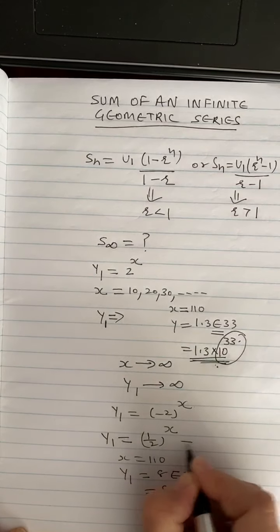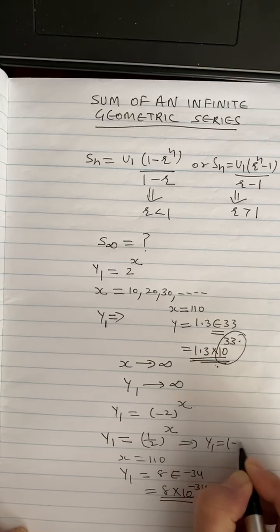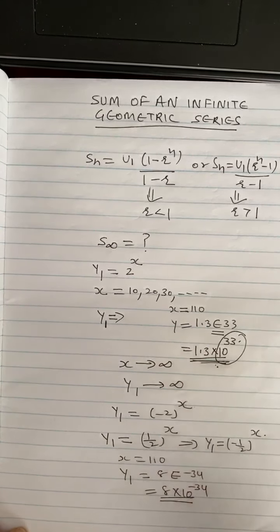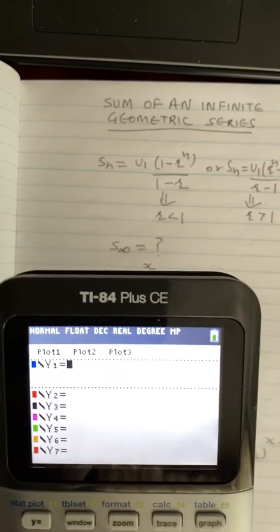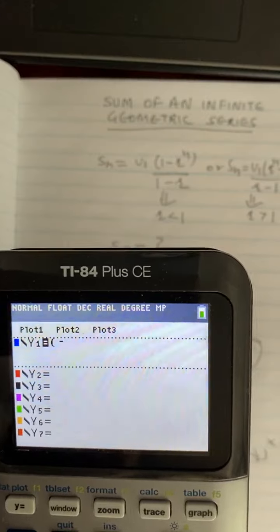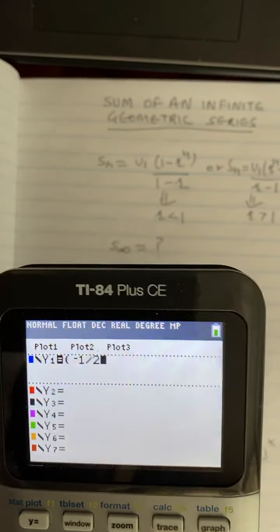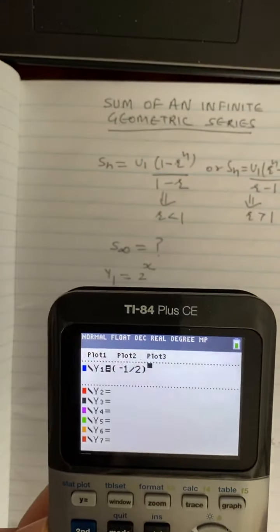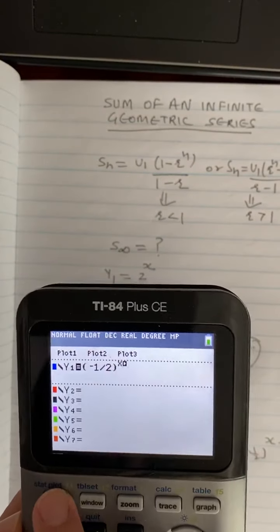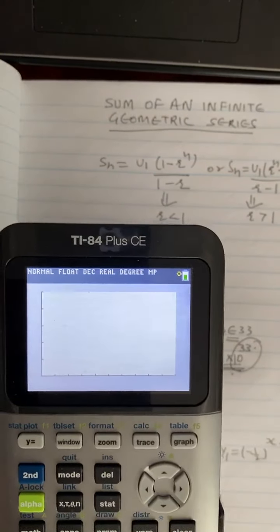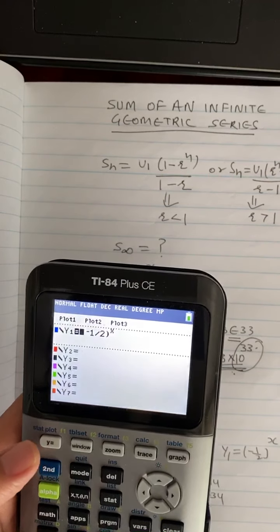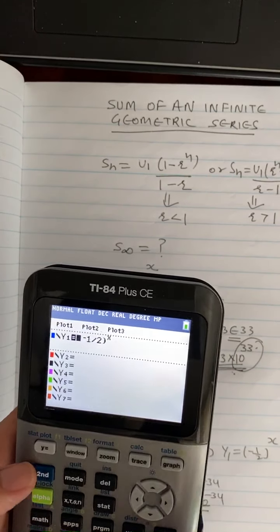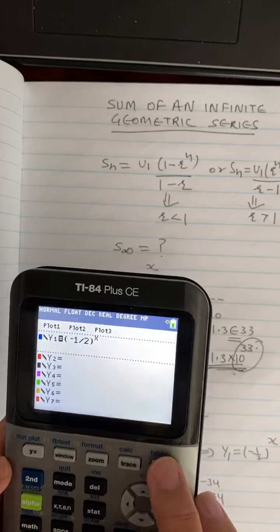Now I can also see when y1 is negative 1 over 2 to the power of x. So we can also do it with a negative. This is negative half, or 1.5, to the power of x. Then again using second table, we don't want the graph, so second table.